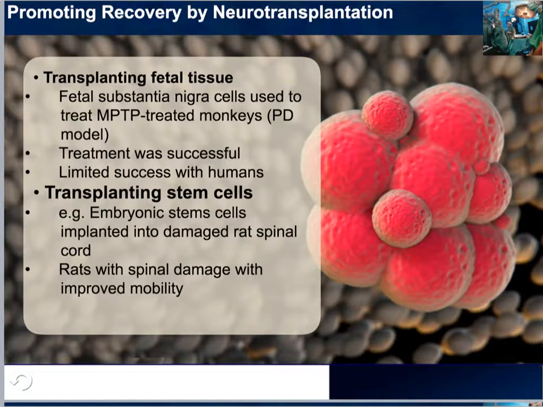Per a study in 2002 by Kaz and colleagues, they were able to transplant stem cells into the spinal cord of a rat who had sustained some damage. And while the rat was unable to move prior to the transplant of these stem cells, within 3 months they were able to see the rat gain mobility.